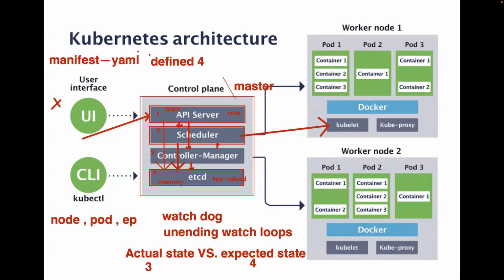My question is, if we have multiple control planes, how will it act? There will be multiple control planes, obviously, multiple masters definitely in real time, for high availability of the master. etcd will be distributed across the multiple control planes.